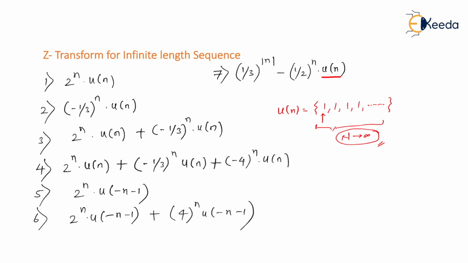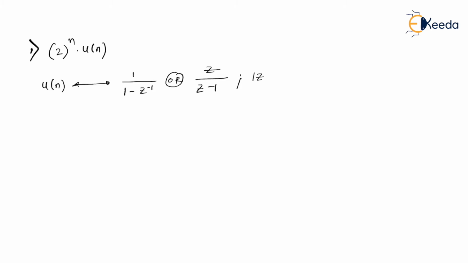Let's start with the very first problem, that is 2 to the power n u of n. Let me remind you, for u of n, it is given as 1 upon 1 minus z inverse, or it is also written as z upon z minus 1. You write it in any form, it doesn't matter, but mod of z has to be greater than 1.